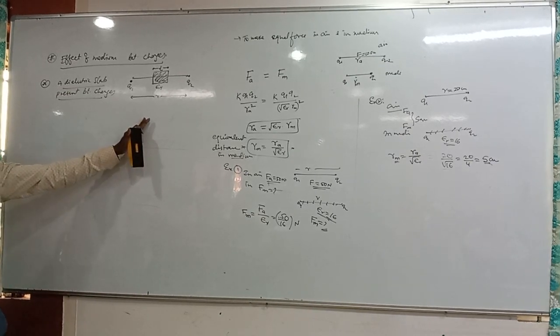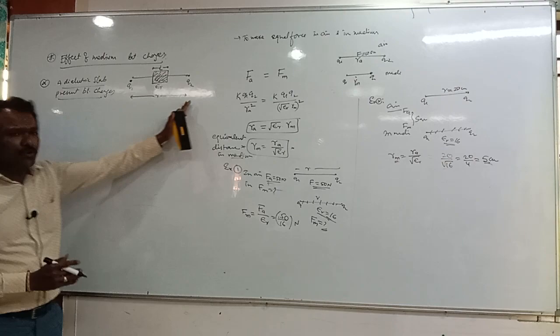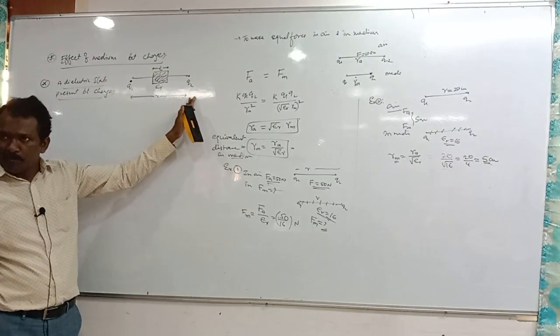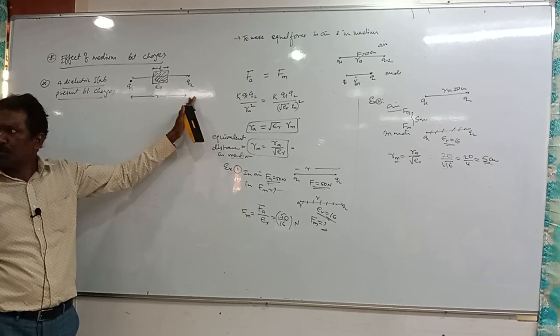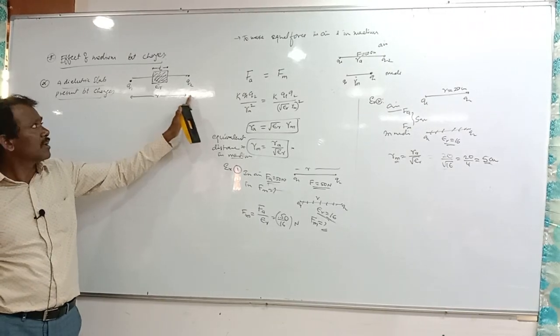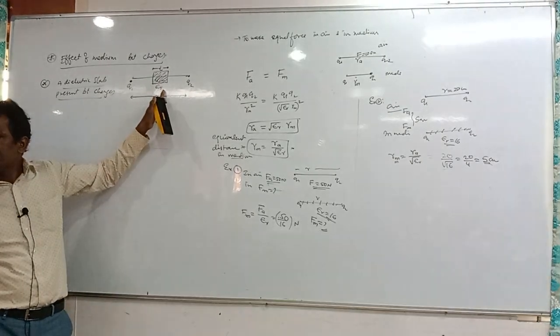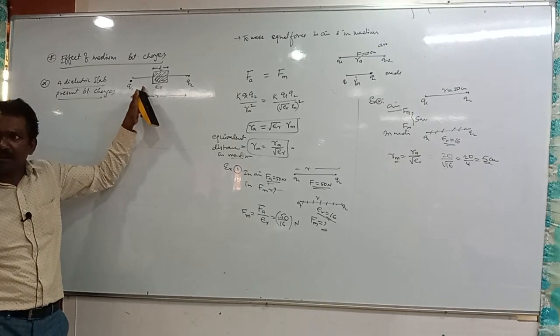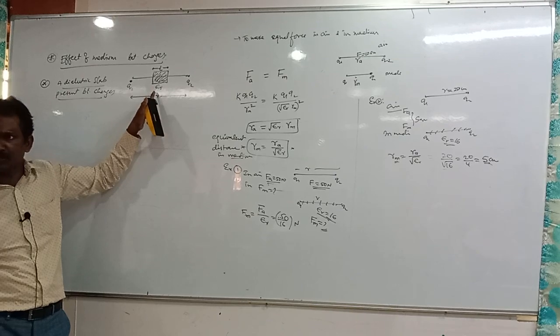How can we write the force here? In the air, the formula is F equals 1 by 4 pi epsilon naught into Q1 Q2 by r square. In the medium, we wrote 1 by 4 pi epsilon r epsilon naught into Q1 Q2 by r square.